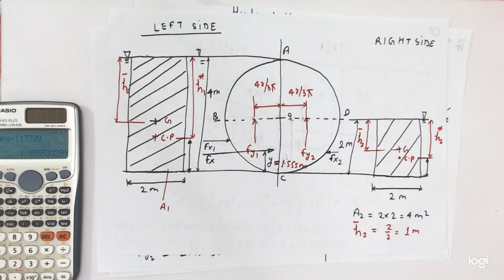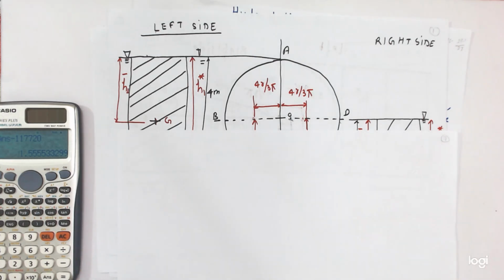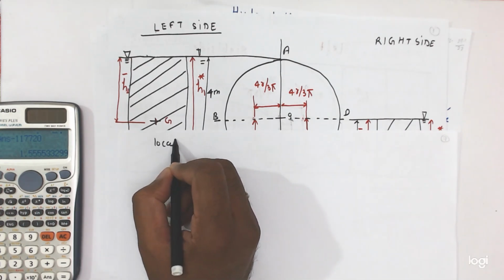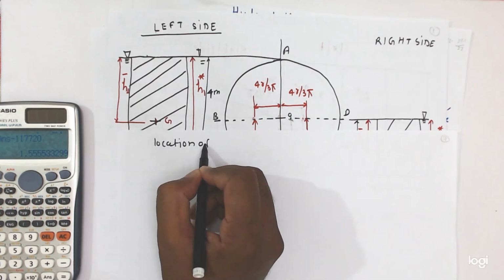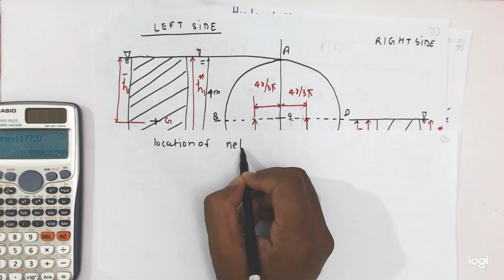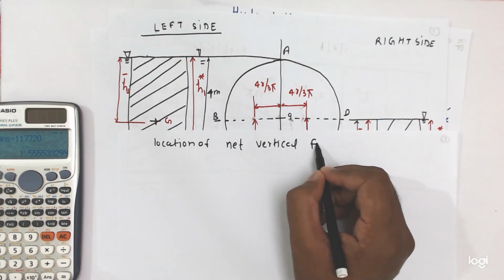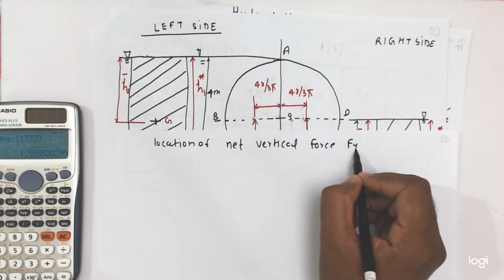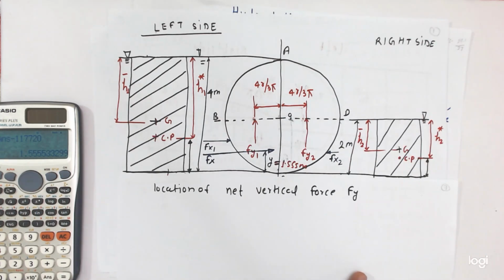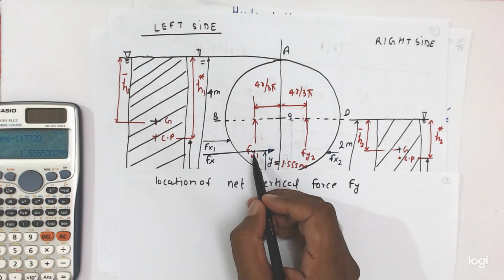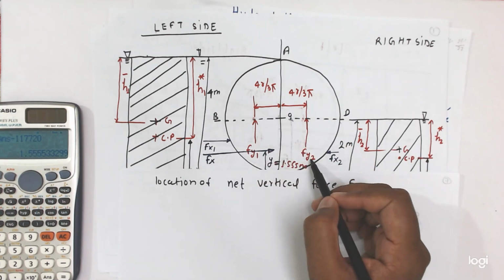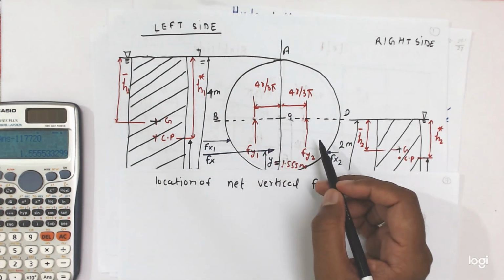Okay friends, so for the location of the net vertical force Fy, we know the location of Fy1 and we know Fy2.